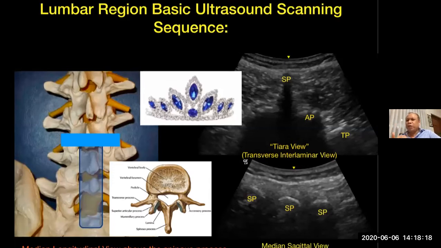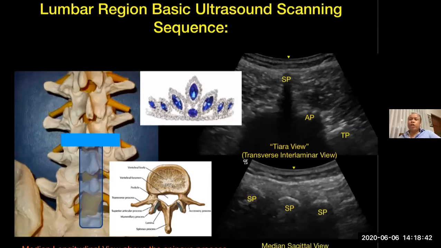seemingly symmetrical, they are not exactly symmetrical, because in fact, if we put the probe right at the middle on the transverse view, we cannot see all those areas conspicuously on the same level, so you have to adjust and do some tilting in order to visualize a specific structure that you would like to see.